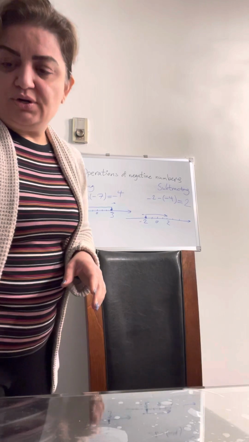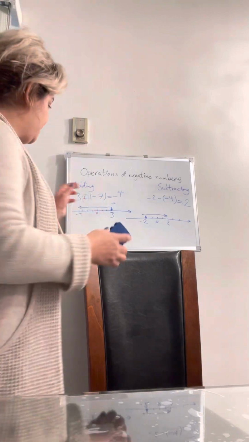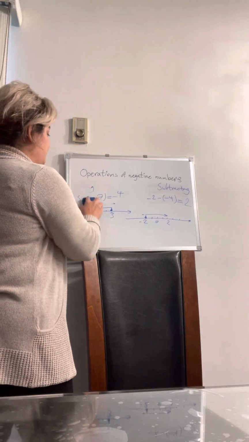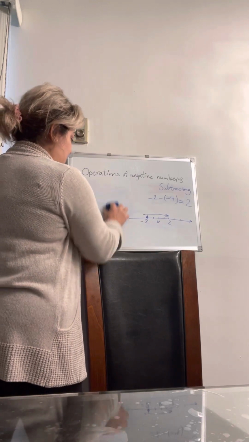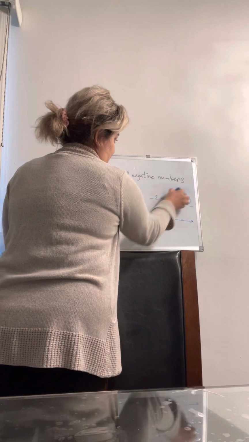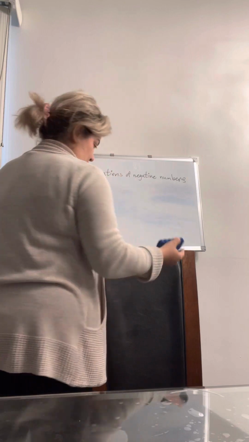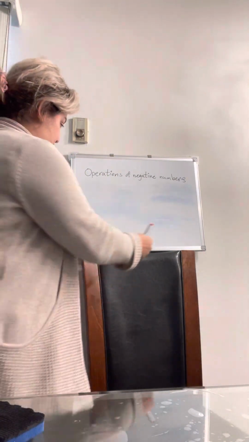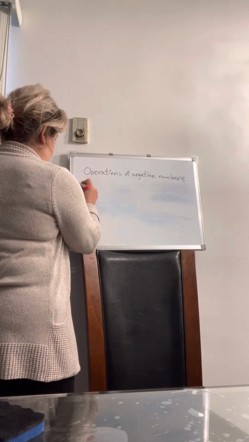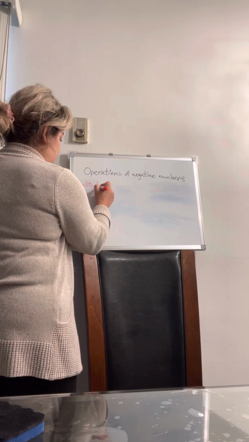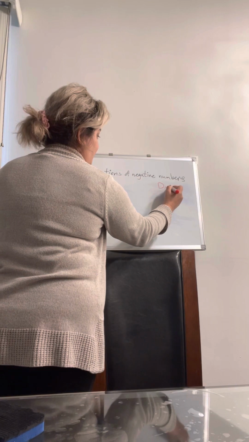And now I want to erase this and describe the two other operations for negative numbers. The third is multiplying, and the fourth is dividing.